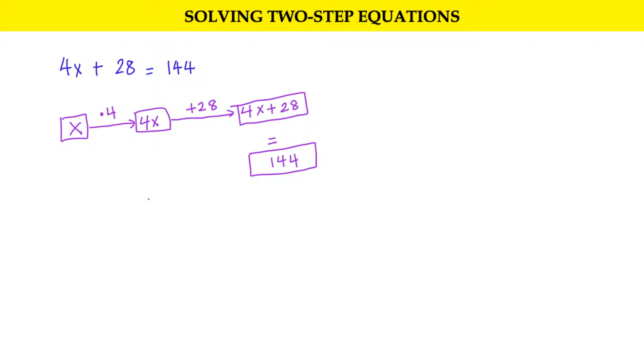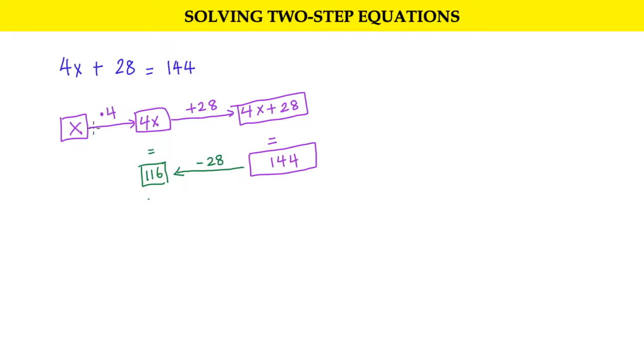So the way you would think about it is, if all these things happen to x, then we're just going to work our way backwards. So from 144, we're going to take away 28. And 144 minus 28 is 116. So 4x is equal to 116.